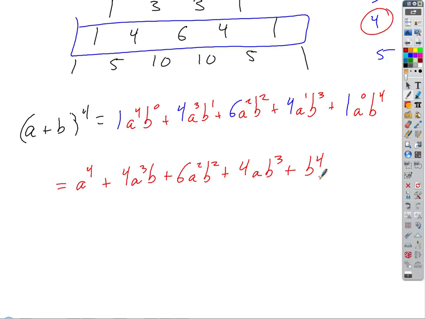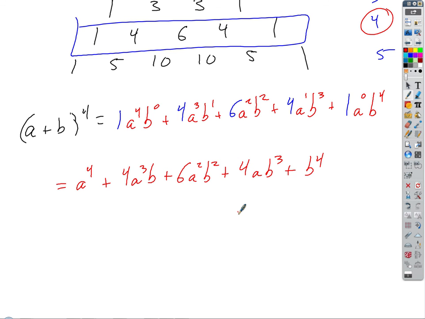Notice that I get 4s with the terms that have one of them cubed and the other one of the first power. They're both 4s, right? Notice that the only oddball one in the middle is the one that has both a squared and b squared. So once again, if I interchange everything, it looks identical, right? And it has to. There's no preference for a over b. They're interchangeable. Make sense? Okay?